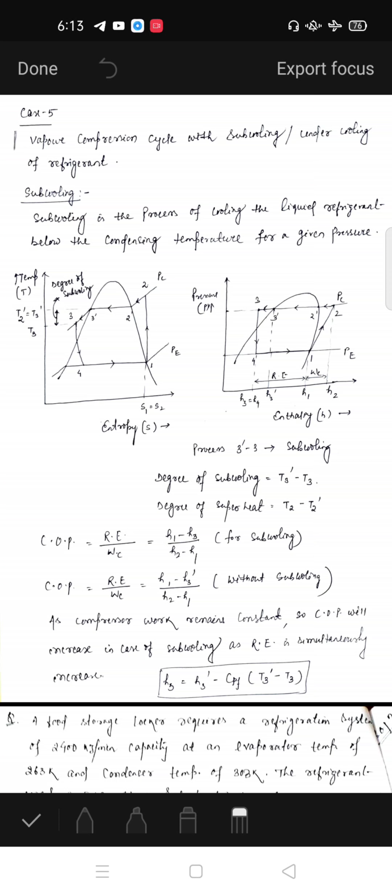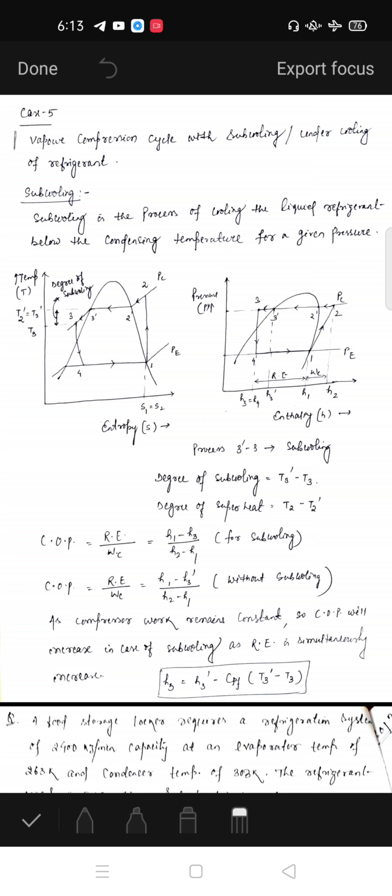It means as the compressor work remains constant or fixed, the coefficient of performance will definitely increase in case of subcooling, as the refrigeration effect is simultaneously increasing. Okay, so this is the concept of subcooling, means it will give the higher COP.